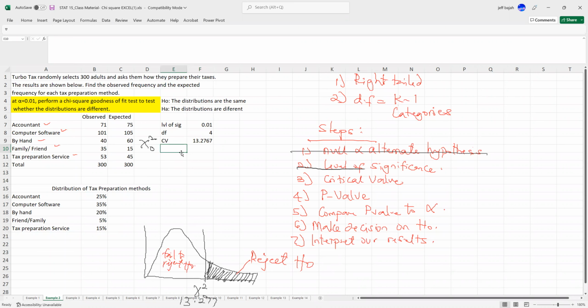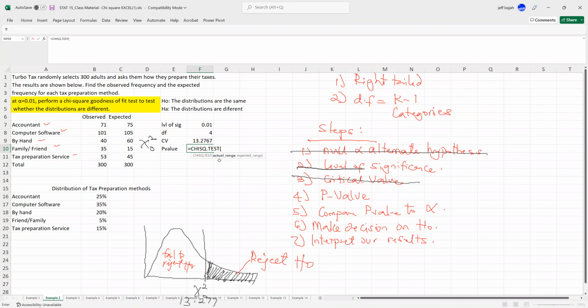Now, we can go ahead and find our p-value. Remember, that's the next thing to find, because we have found our critical value. And for that p-value, we type in a chi-square test.